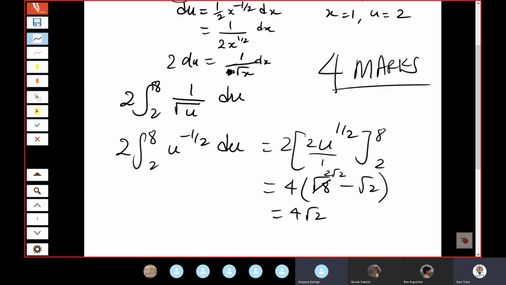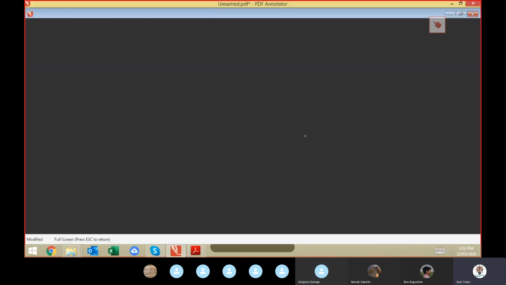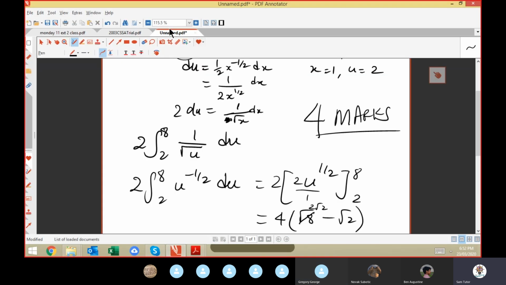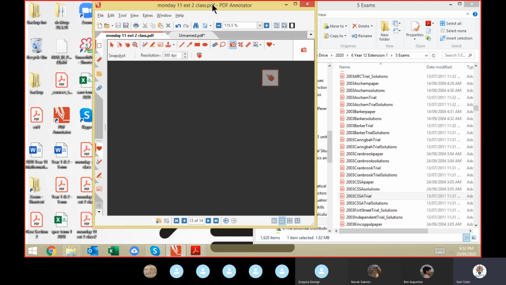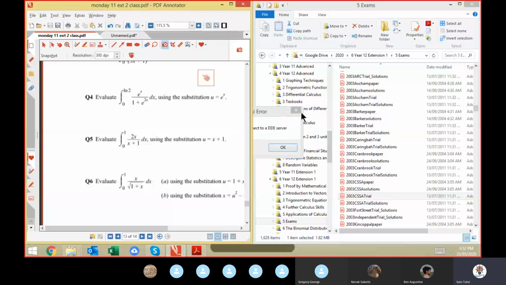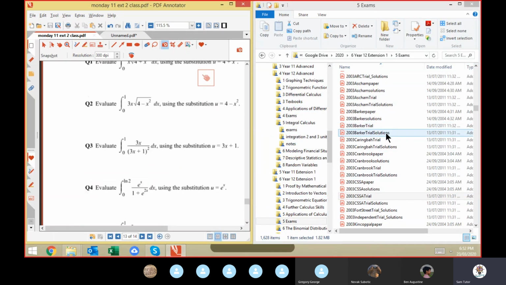Move on? Yes? Moving on. We'll close that. There'll only be one question on integration by substitution in your exams. So don't expect too many.